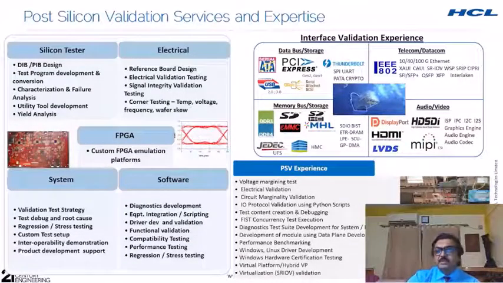One of the other distinguishing services that we provide is the post-silicon validation services, where we have expertise in a lot of interface validation that you can see here on the right hand side, a lot of standard interfaces. On the left hand side you can see the silicon tester with test program development, characterization of devices, failure analysis, etc. And on the FPGA we have a platform that we use for several projects.